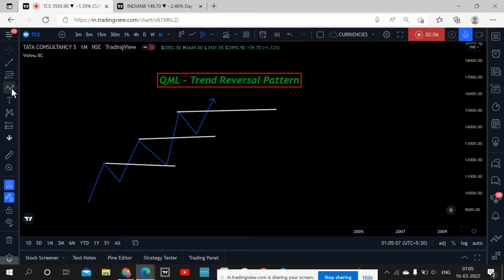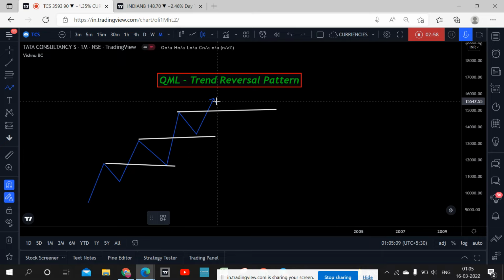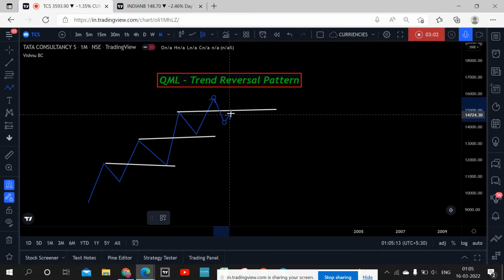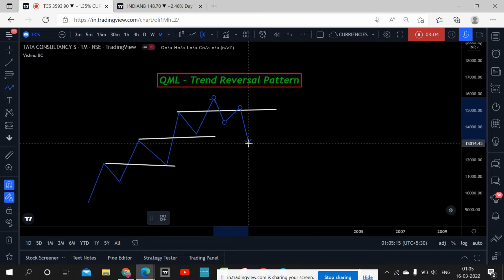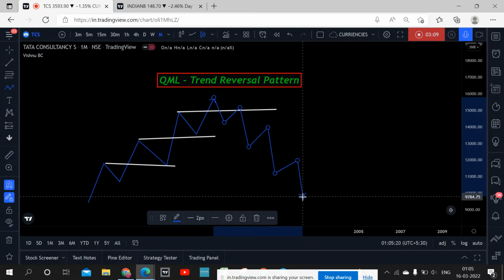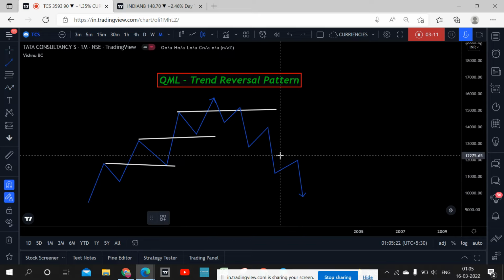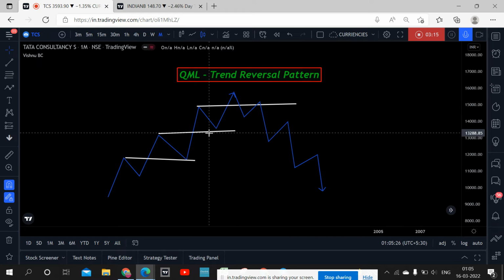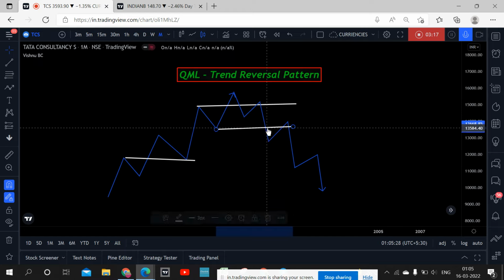And anyone who knows the basics of trend analysis can identify that a trend has changed whenever a lower low has been made. For example, the first time it made a lower low is this point.